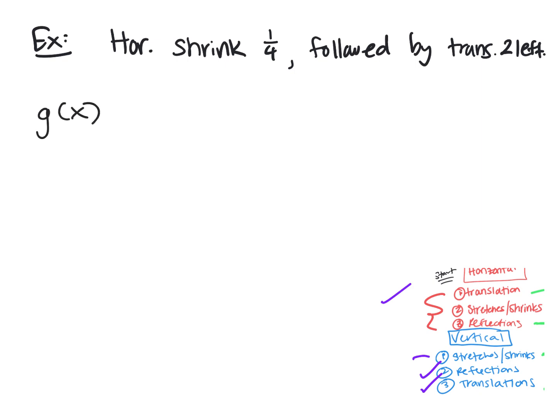G is being transformed from F, and I'm not even gonna put a final function in afterwards. So there is a horizontal shrink by a scale factor of 1/4. What that really means is you're taking every x and you're replacing all of those x's with 4x, because horizontal shrink means inside, opposite of what you think it should be. So every x is becoming 4x.